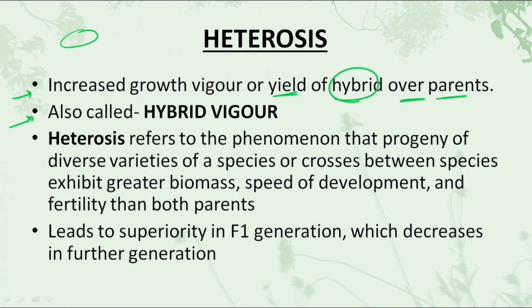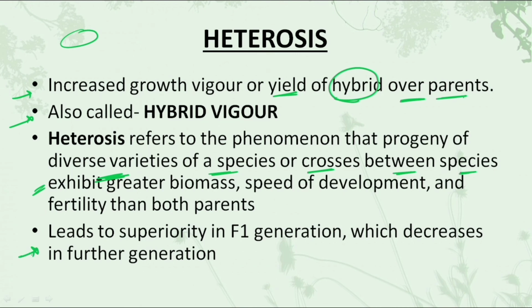Heterosis refers to the phenomenon that the progeny of diverse varieties of a species, or crosses between species, exhibit greater biomass, speed of development, and fertility than both the parents.